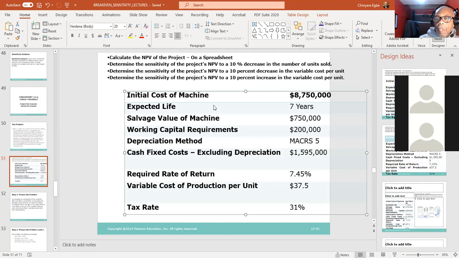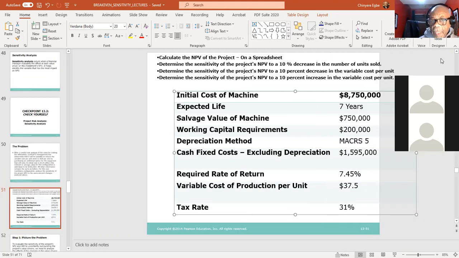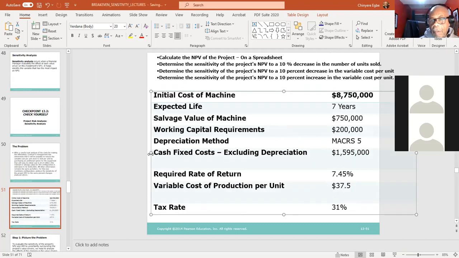And also, you go then from how your cash flow changes to how your net present value will change, okay? And that enables you to modify or recalculate your profitability index. And so there is quite a bit to get out of sensitivity analysis.